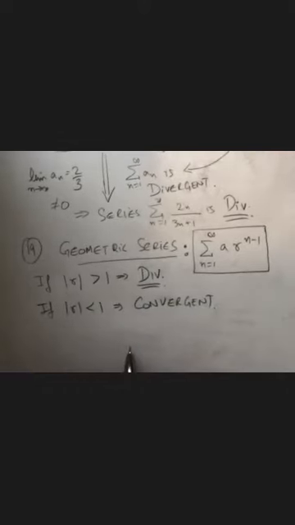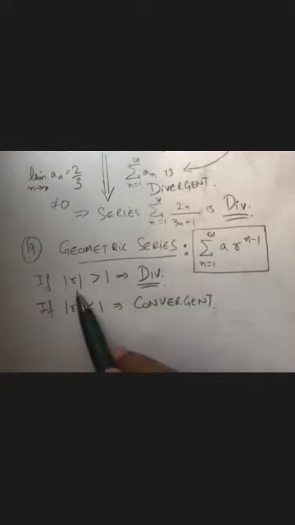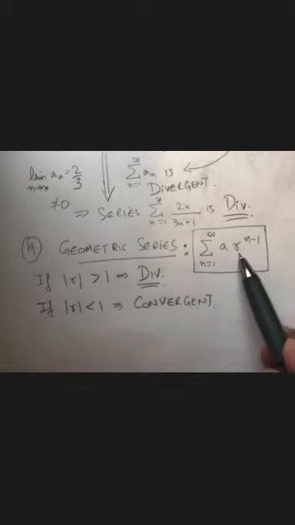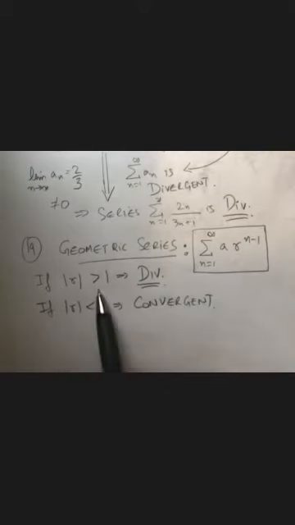So the first thing will always be to figure out what r is. If it's greater than 1, divergent. If it's less than 1, absolute value, convergent.